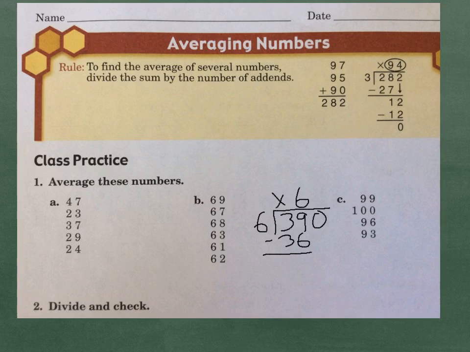Subtract. You get 3, you bring down the 0. 6 goes into 30 5 times. 6 times 5 is 30. Subtract, you get 0. So our answer there is 65.